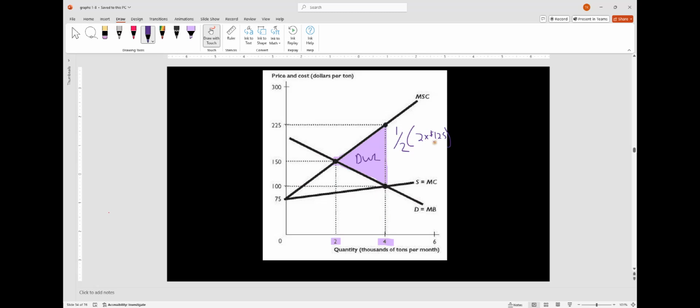It's 250, and then half of that would be 125. Oh, and then we would multiply that by 1,000. So 125,000, because this is actually 2,000 here. So if you want the whole number, it would be $125,000, or just 125 if you were saying 125,000.